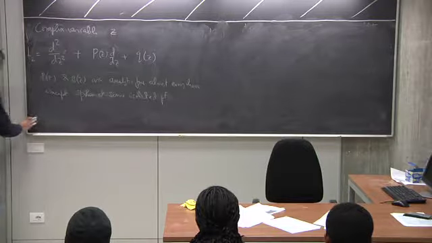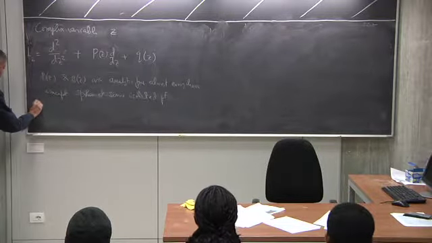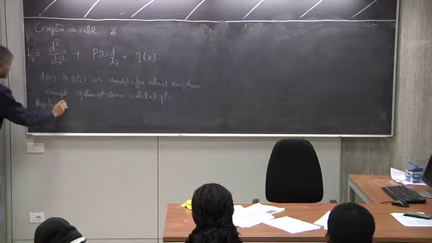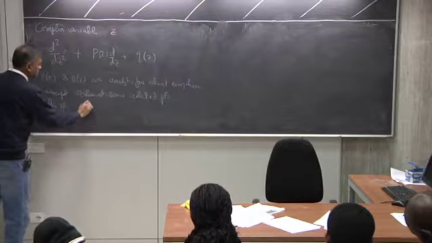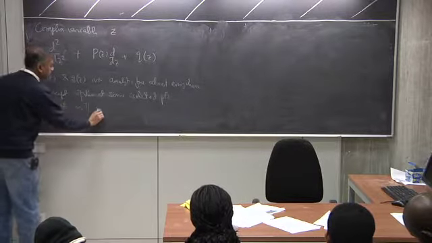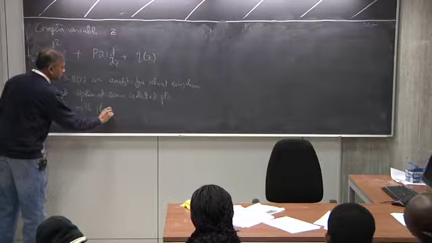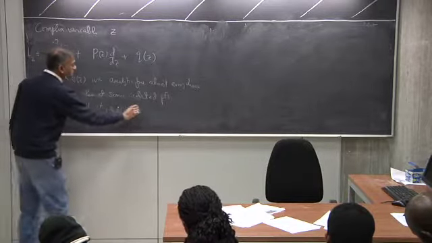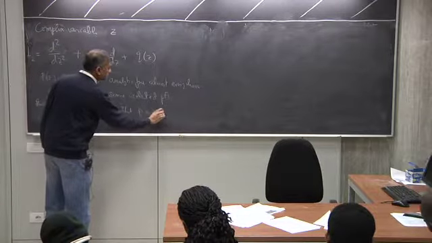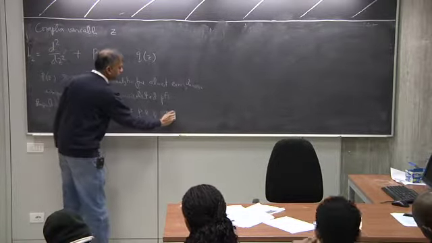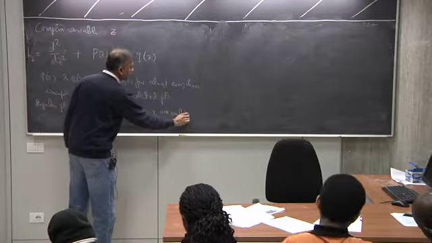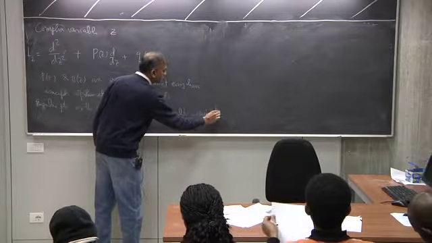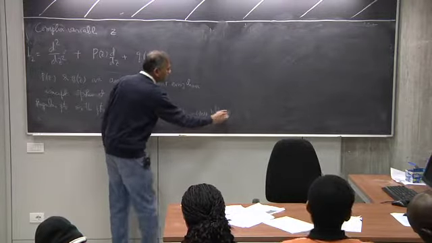So there is a classification now. A point z naught, let's say, is a regular point if P and Q are analytic in some neighborhood of that point.